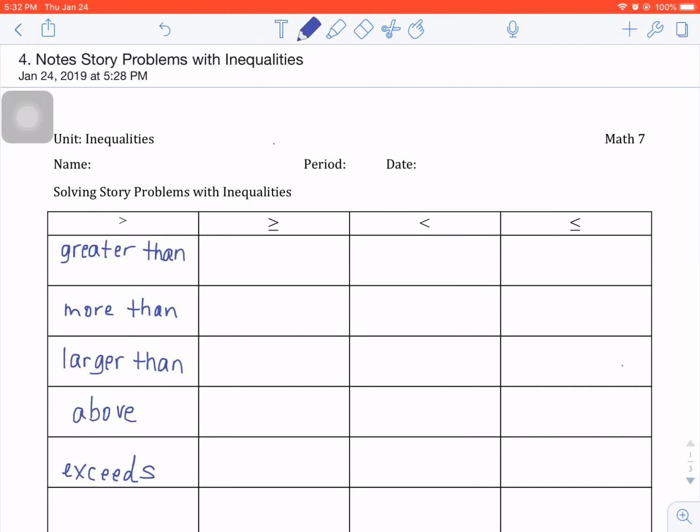So if our first symbol is greater than, then our second symbol is greater than or equal to. So some other ways that symbol might be expressed, you might see at least. Is not less than.